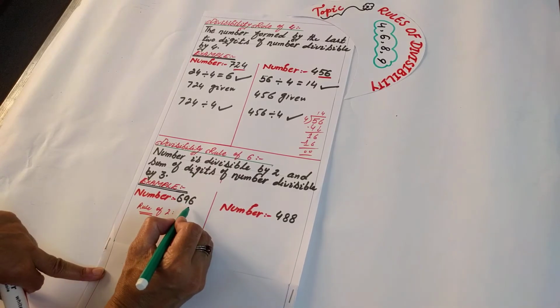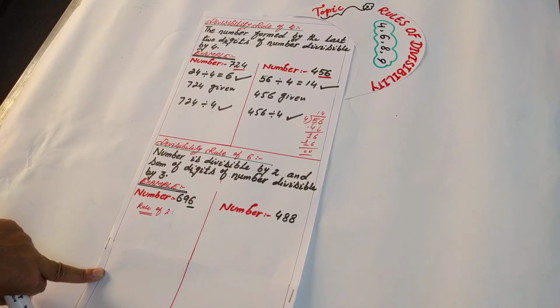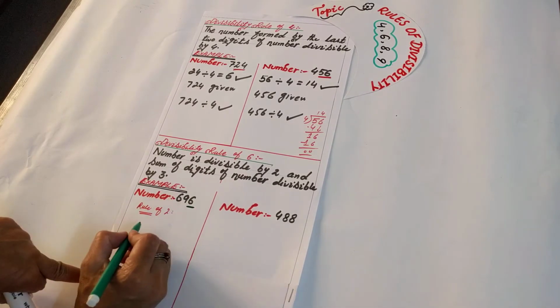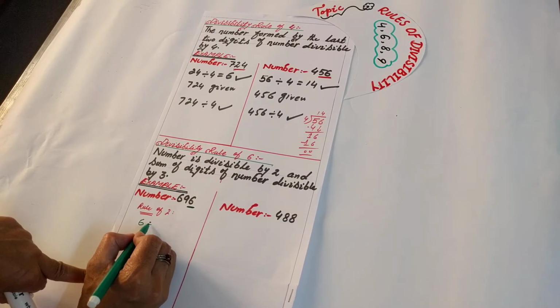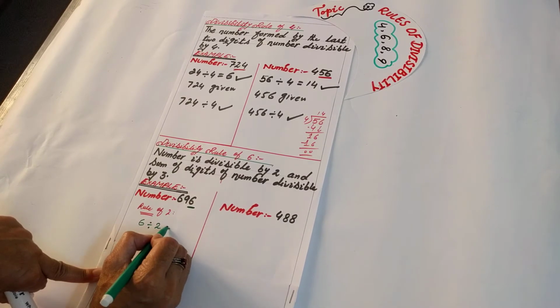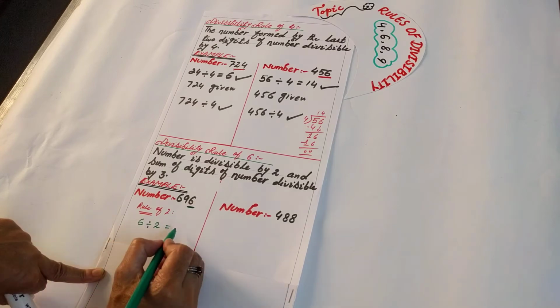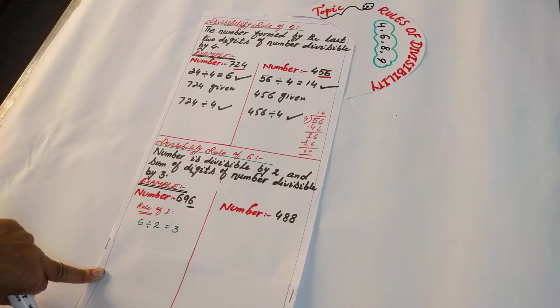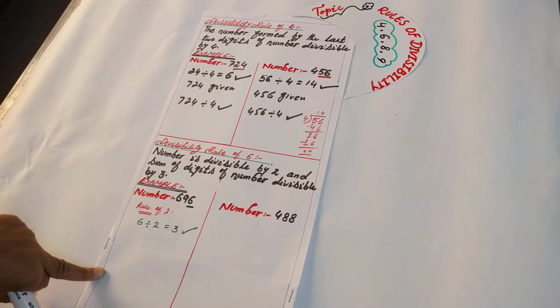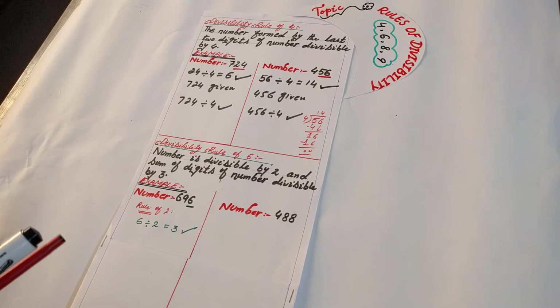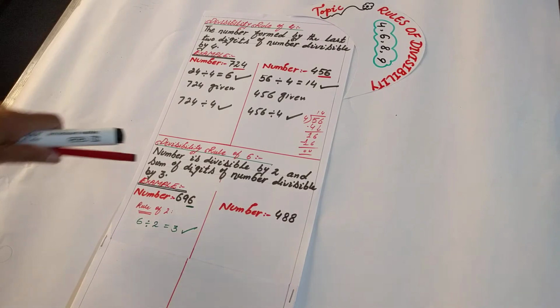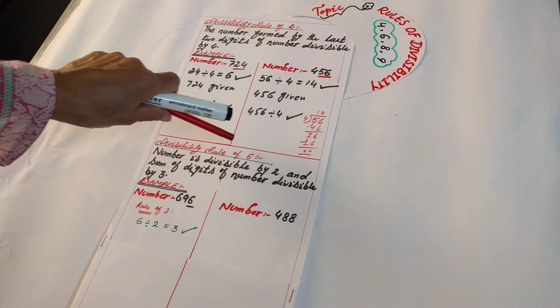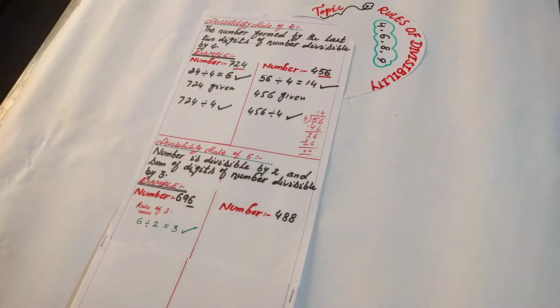So let's check. The unit place digit is 6. So this unit place digit 6 is divisible by 2. Yes, 2 threes are 6. So our first condition of the divisibility rule of 6 is satisfied.